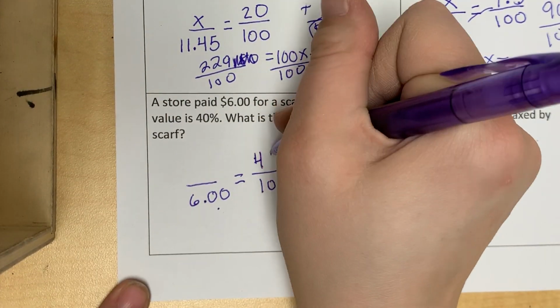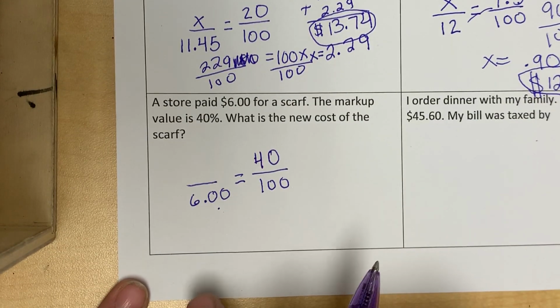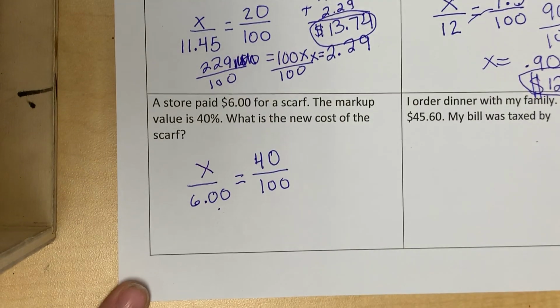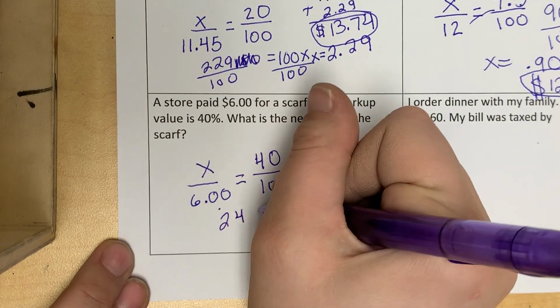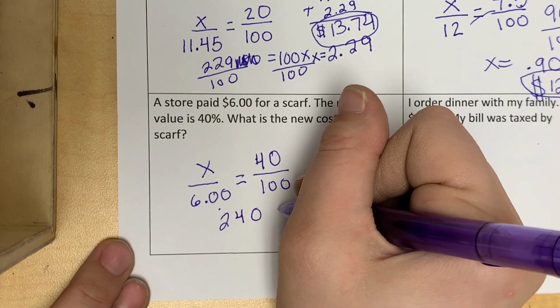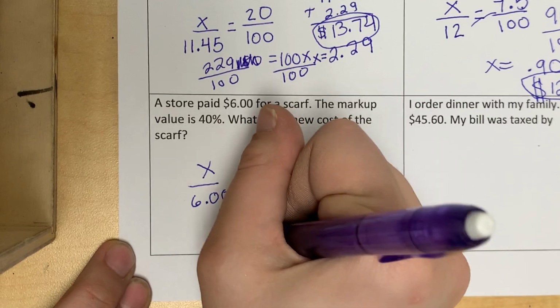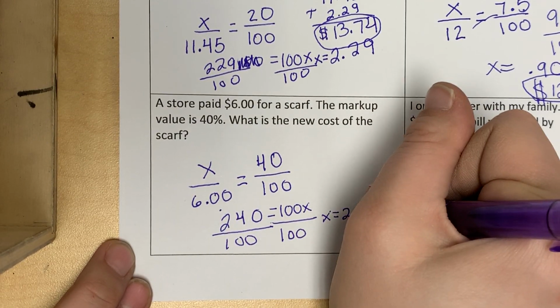We want to know what 40% of $6 is because that's how much the store is going to mark up this scarf. That means they're going to charge us a larger amount. We set this up and do our cross multiplication. We end up with 240 equals 100x. We divide by 100. You should get $2.40 for the markup.